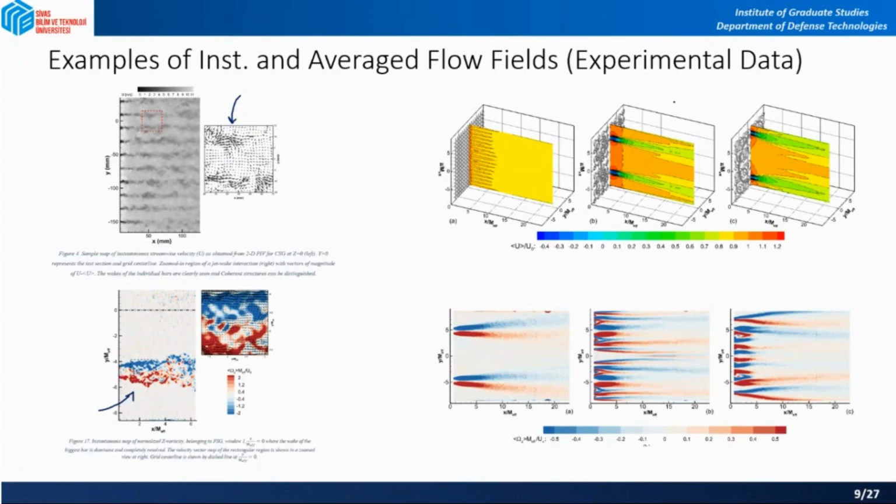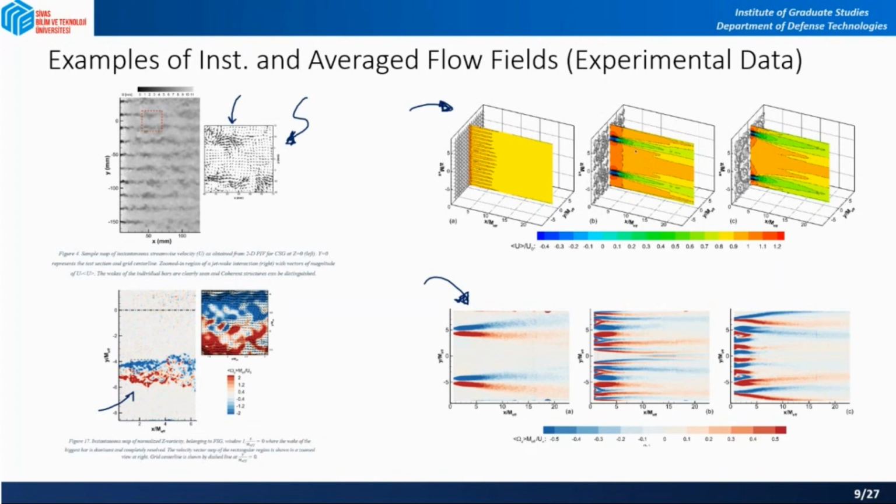But at the right, what you see is the averaged velocity field, and here you're seeing the averaged vorticity field. As you can see, the averaged velocity and vorticity fields are much smoother than the instantaneous data that you see on the left hand side, because what we do is average all the instances of this type of data and put it on one shot.